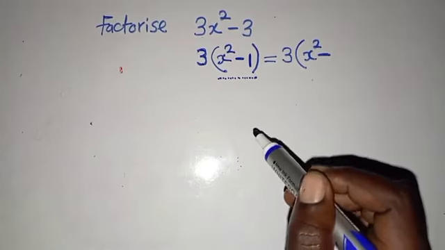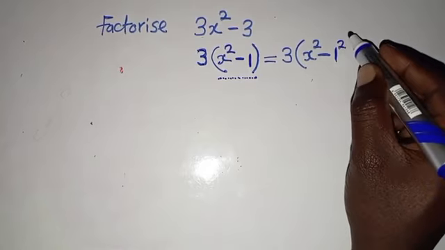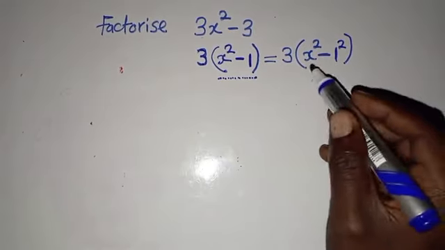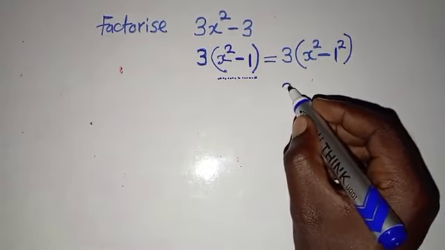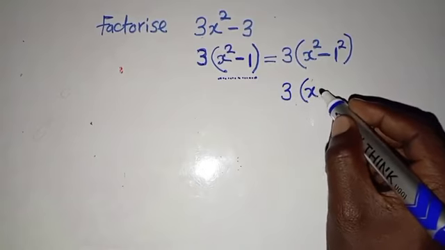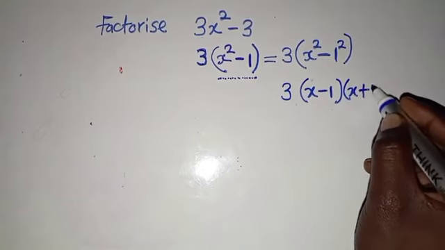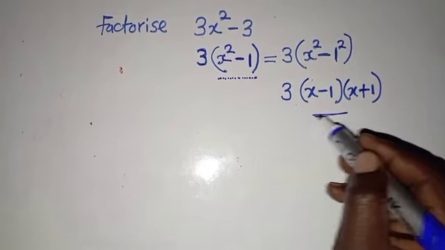What is the square root of 1? It is just 1. So 1 squared takes us back to 1. This is a difference of two squares. So this is 3, then x minus 1, then x plus 1. This is the answer.